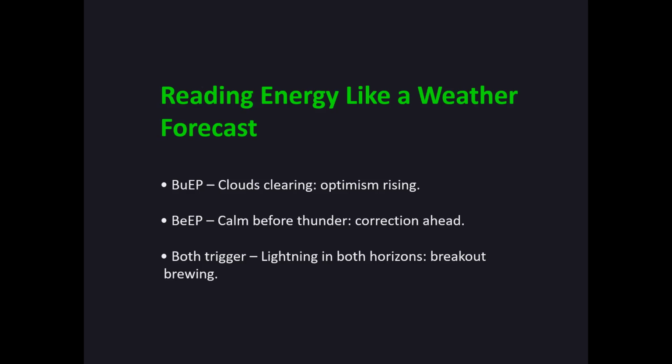At present it is moving around 900; it went up to 974 and has cooled down to 960. See, both the forecasts trigger lightning in both horizons, whether a breakout is brewing or not. It indicates that. So this is a very good indicator which reflects institutional activity through options on the underlying.